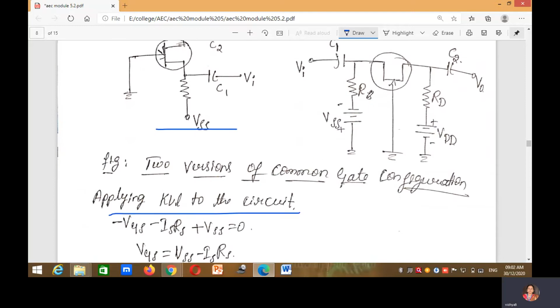Applying KVL to the circuit, what will you get? Minus VGS minus IS RS plus VSS is equal to 0. This is the input side.